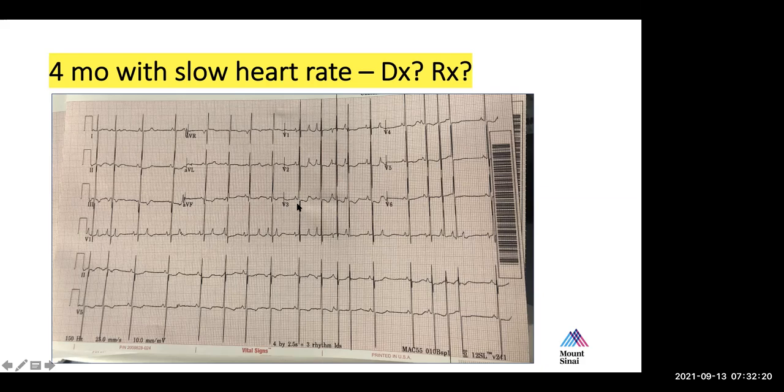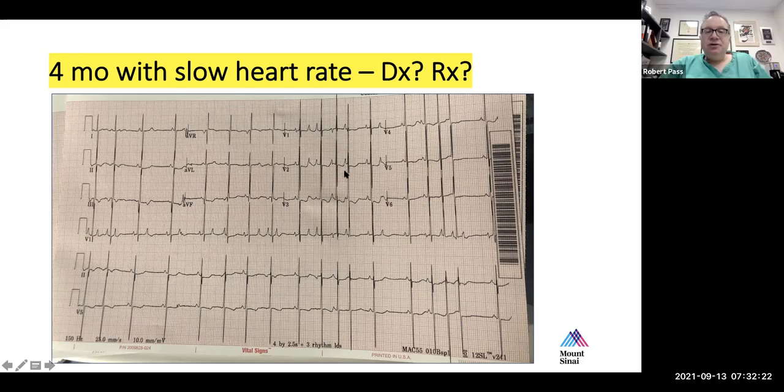So that is correct. It seems counterintuitive, of course, to give an agent that can cause bradycardia to someone who is having an atrial tachycardia, but in fact, that should help the treatment of this. And if that were to fail, there's a million other things we could do, but that would be an option. Okay. But thank you very much.